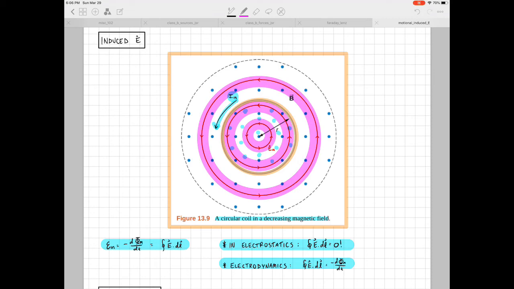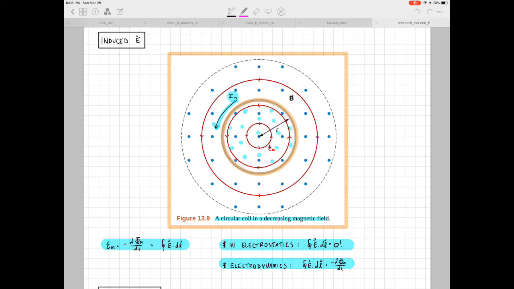If you happen to have a wire located in the region, like right here, then you're going to have a current in that wire because there is an electric field that has been set up. The electric field is there whether there's a wire or not. The field lines that I've drawn here are distortions in space due to the fact that the B field is changing in that region. And if you happen to have a conductor in that location, then you will get a current. So it's really an incredible thing.